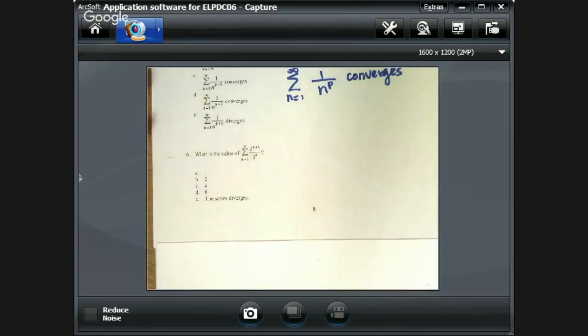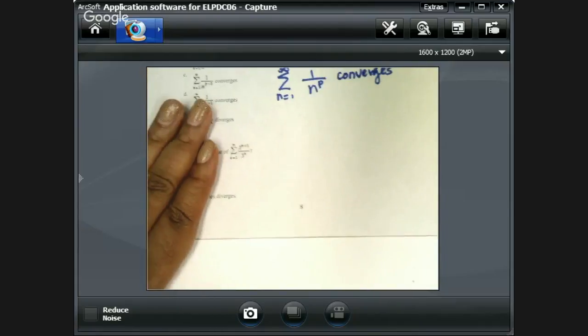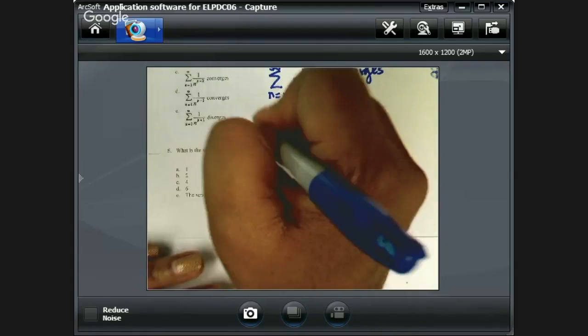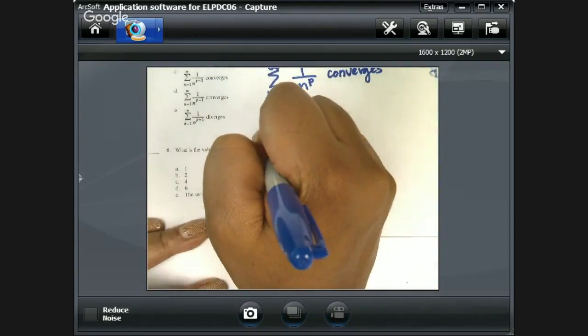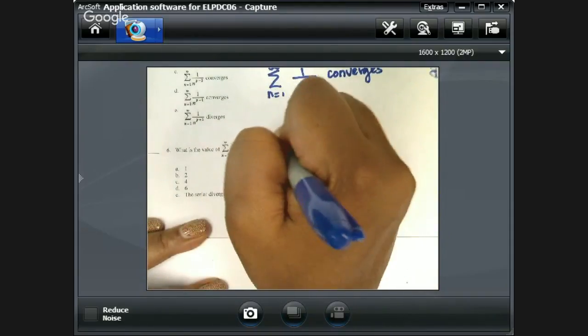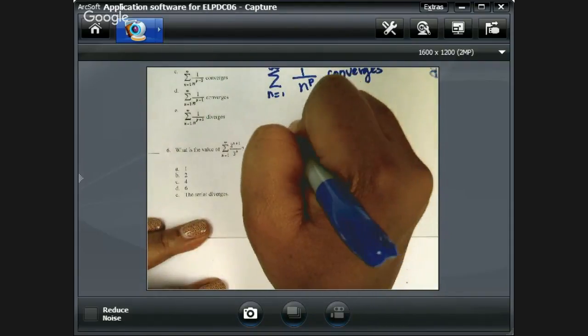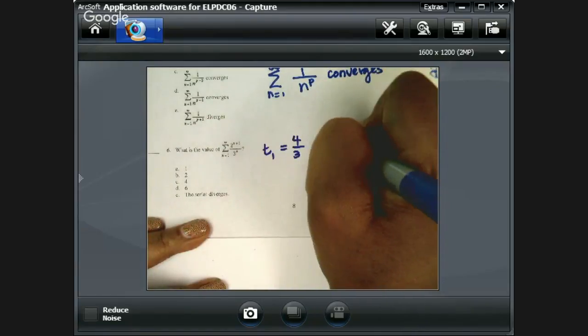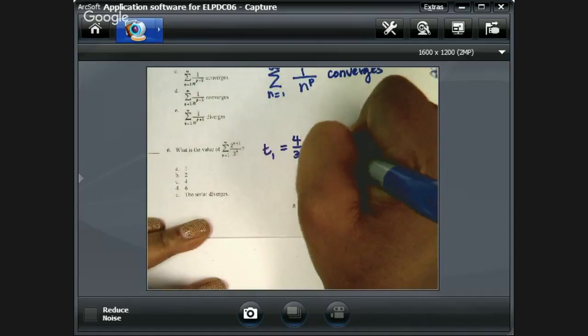Well, if you've noticed so far, there's only one type of series that we know the value of. There will be other ones where we can figure out the value, but that's because they're special. In this case, this one is a geometric series, right? First term, let's call it T sub 1, A sub 1, I don't care what you call it, but the first term is actually 4/3, and the common ratio is actually 2/3.